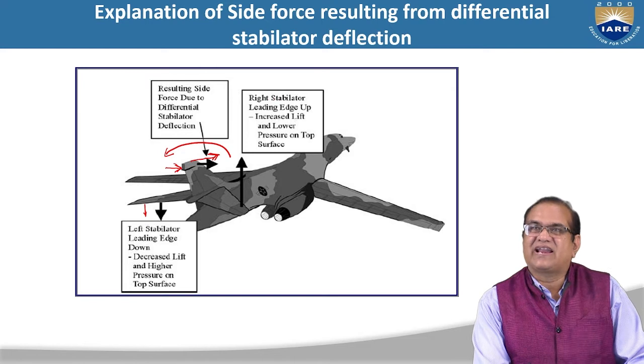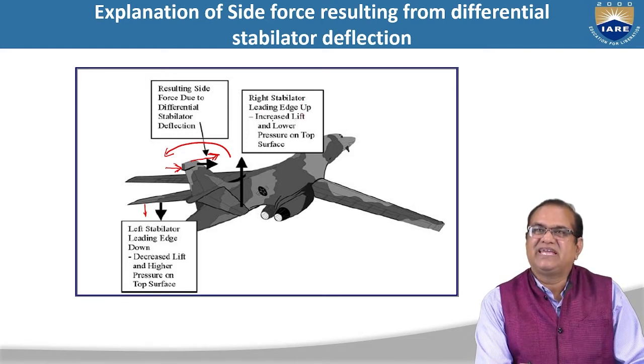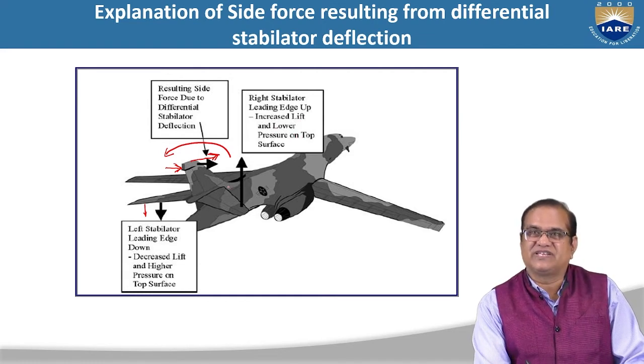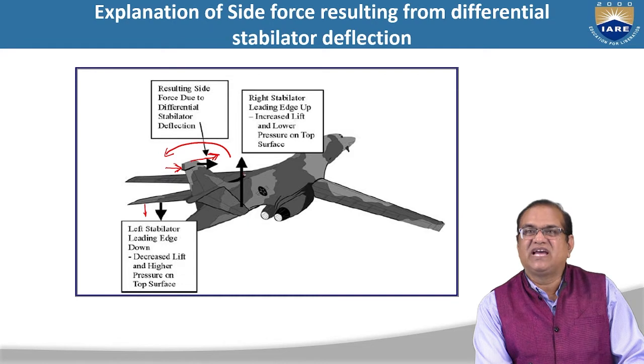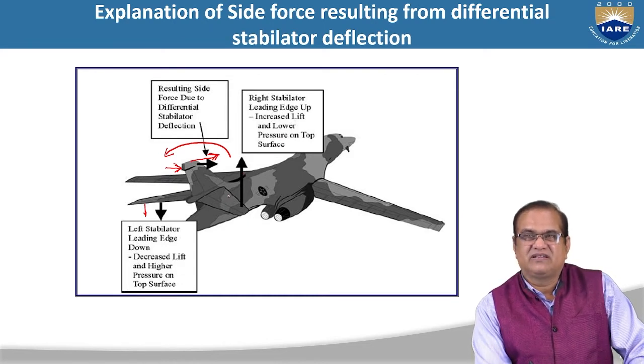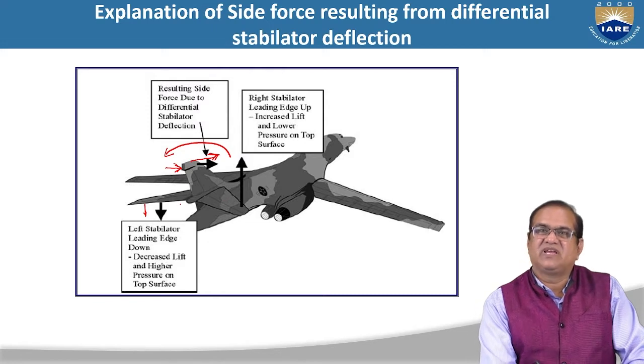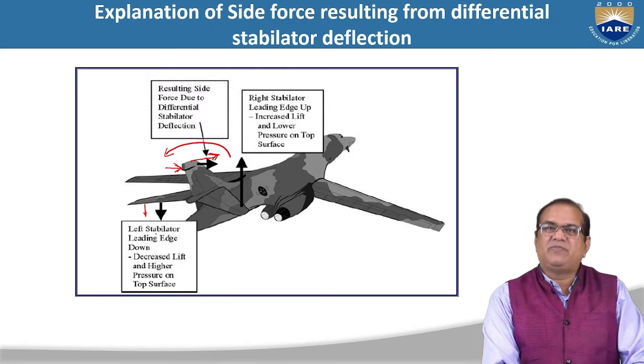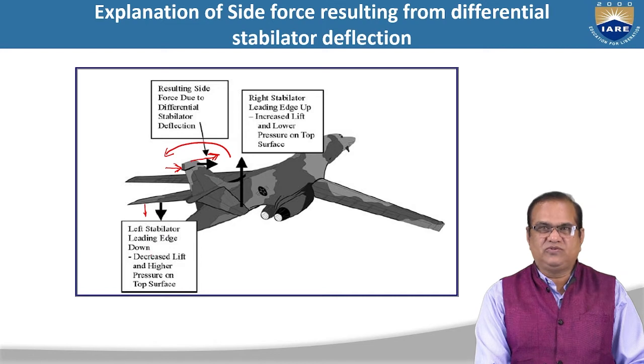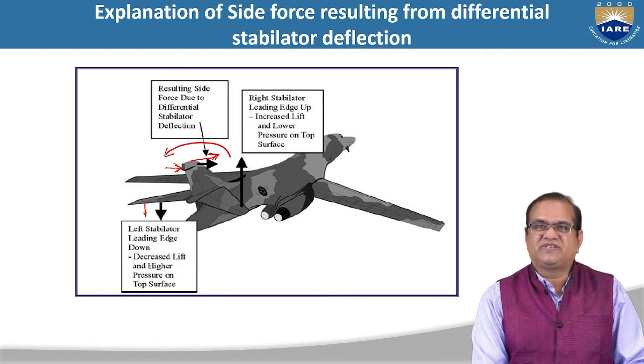Okay, so right stabilizer, leading edge up, increases the lift and gives lower pressure on the top surface. So here lift is increased and the upper surface pressure is less. Here what happens? The left stabilizer, leading edge down, decreases the lift and gives higher pressure on the top surface.